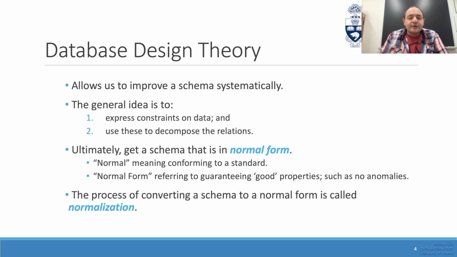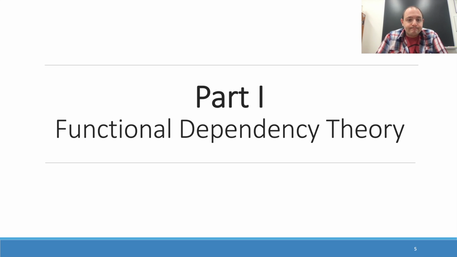We'll talk about other things like dependency preservation later, but not having anomalies is a good start. The formal process of actually converting a schema to a normal form is called normalization, and we'll be talking about this today. So let's start with part one, and part one is functional dependency theory.